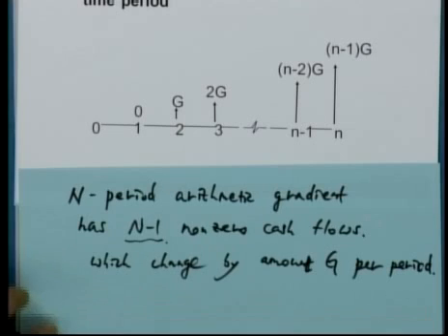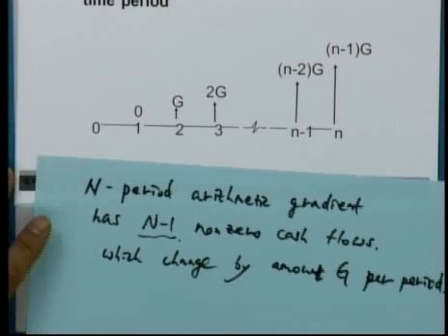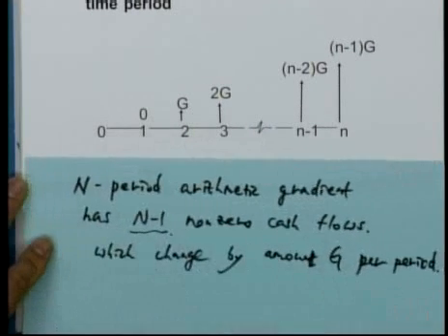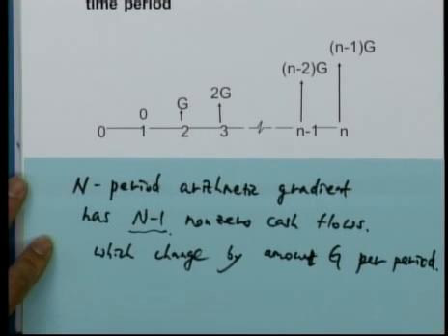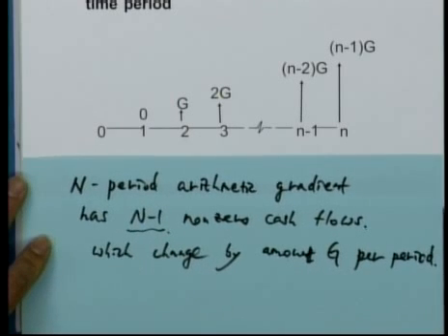We may also say that the first period's cash flow defines the uniform annual series, and the period by period change defines the arithmetic gradient series.